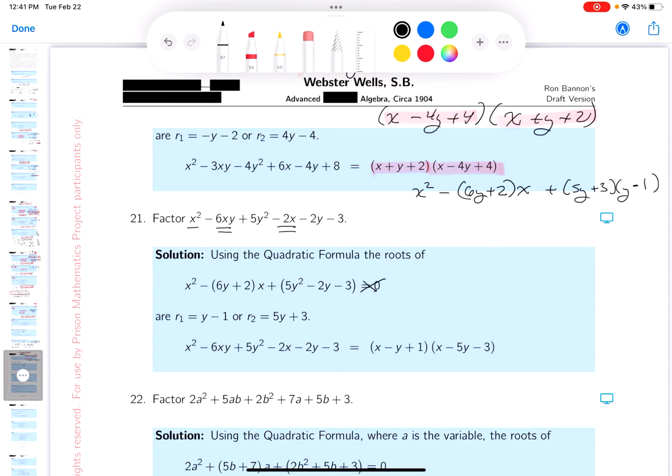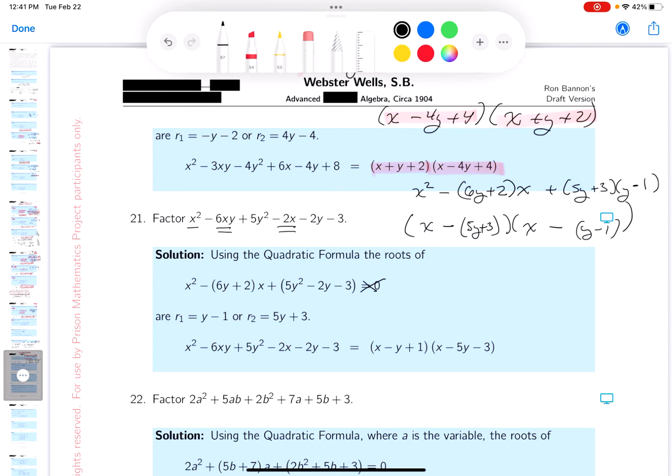And then I say this is probably going to look like this, where the factors are y minus 1, I'm not sure, and then 5y plus 3. I'm not sure about the signs, but I know it's plus minus. Let's take a look at that. And it's minus minus. And why is that? I'd get minus 6y.